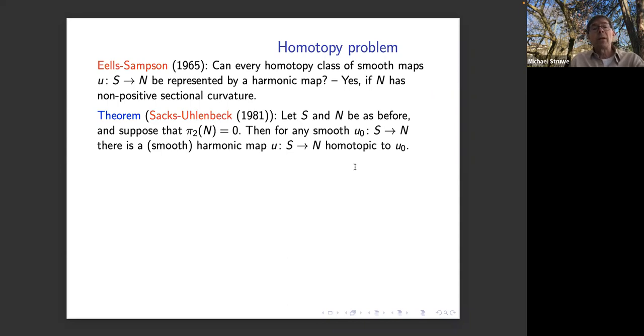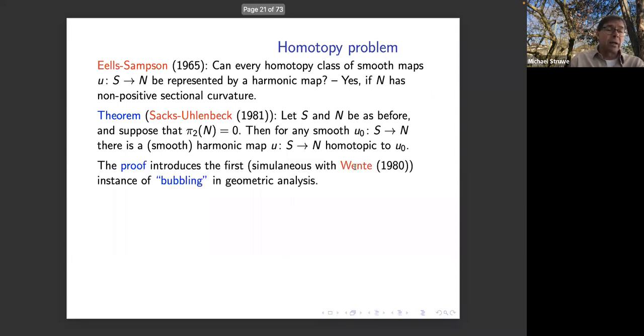And the proof that Sacks-Uhlenbeck gave presents us with the first example of bubbling in the calculus of variations. Well, there's a simultaneous result of Wente dealing with surfaces of prescribed constant mean curvature. But let's not theorize about priority here.